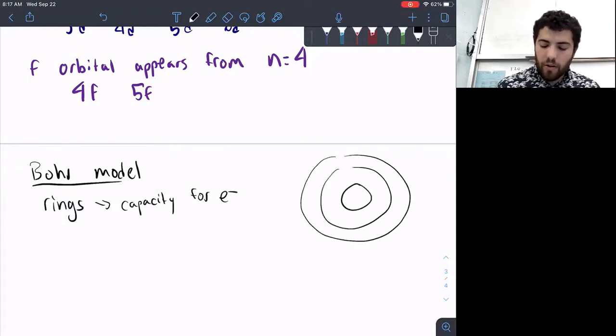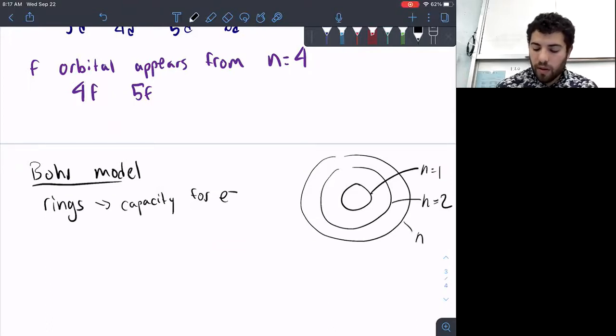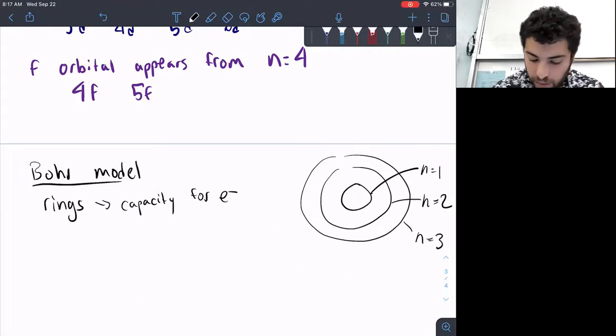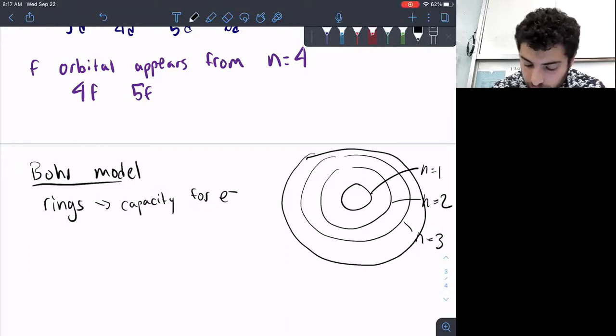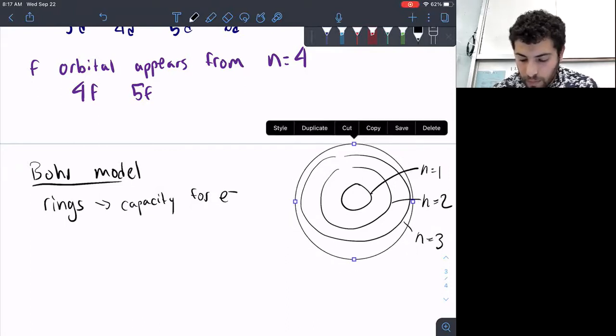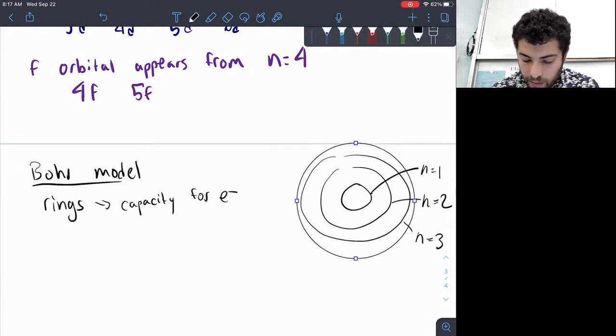So as we move out, but now we can look at these in terms of energy levels. This is n equals 1, n equals 2, n equals 3, and actually I'll go ahead and throw a 4th one there, even though it's really sloppy. I'll redo that one. And then n equals 4.